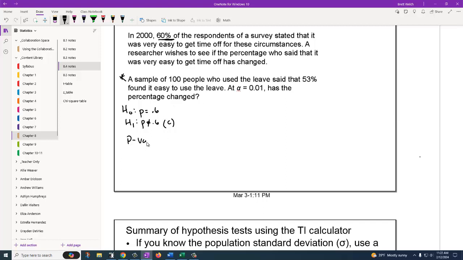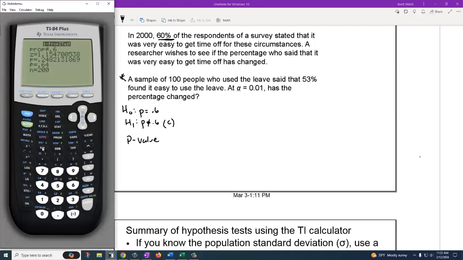All right, we need to find our p-value. So we go back to our calculator and plug in. Okay, 0.6 is still that percentage, but now it says that we got 53% of the 100. Well, to figure out how many people actually said yes, I'm just going to do 0.53 times 100 right here.